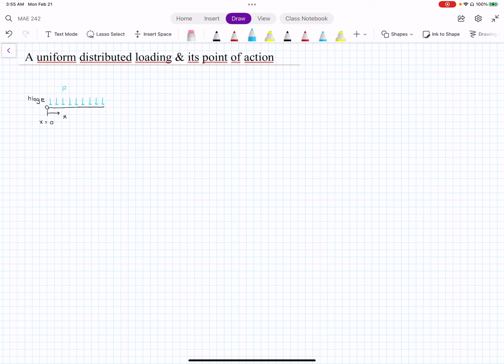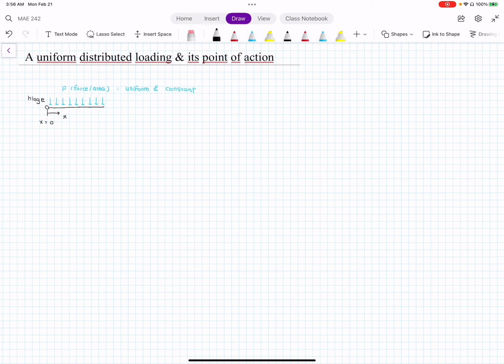So P is uniform, and its dimension is basically a force divided by area. So it can be some stress, it can be some pressure, but what's important here is that this P is uniform, meaning that it's constant.